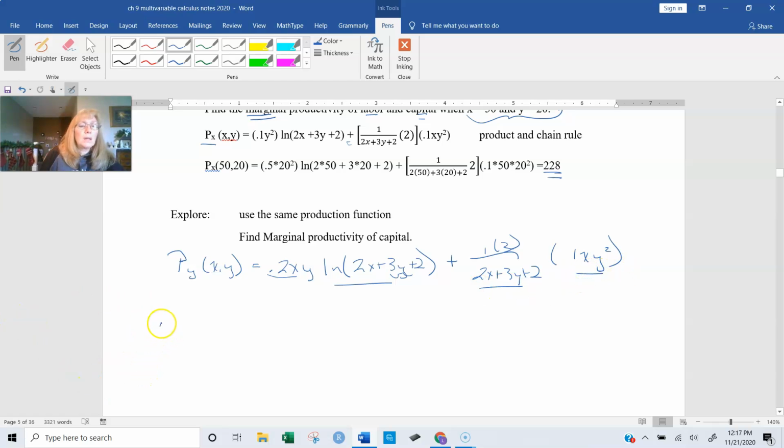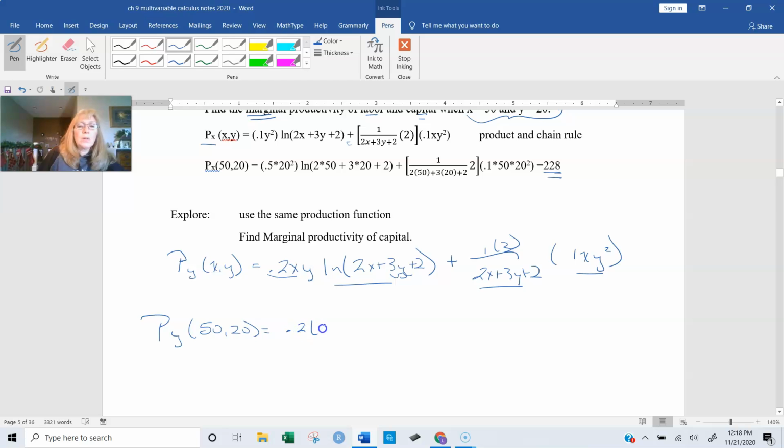I want to find the marginal productivity of capital. Oops. It's supposed to be at 50 and 20. So now let's plug our 50 and 20 in.